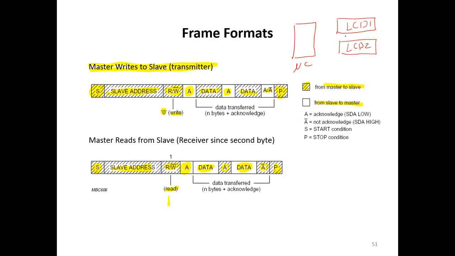These LCDs are from the same manufacturer, with the same reference. So I have to connect these 2 LCDs to the microcontroller by using the I2C protocol. Now, if the master, which is the microcontroller, sends the address, the address of LCD1 will be the same as the address of LCD2. So how to solve this issue?